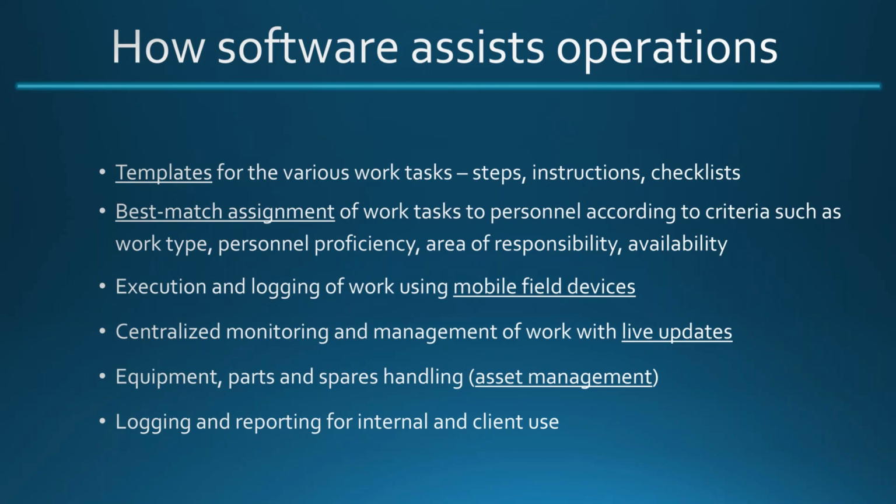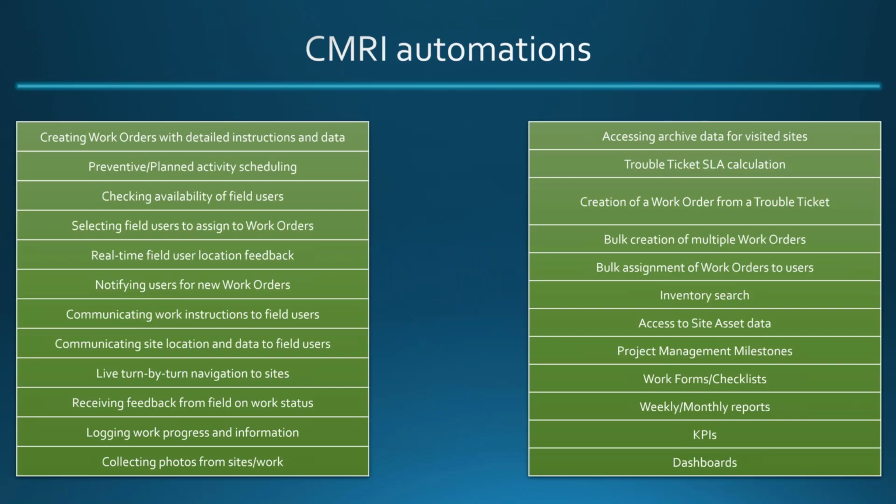I said customer use is a main requirement, but internal use is equally important on the company side, because that then helps people optimize how they use their available resources every day. This is a list of activities that before implementing CMRI were performed manually, that are now performed via the system.